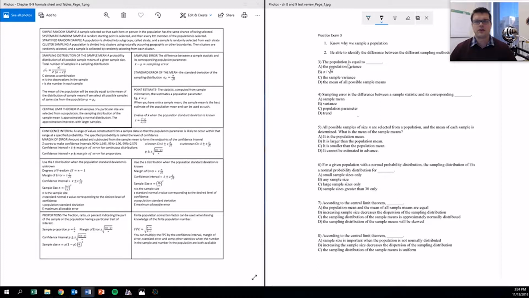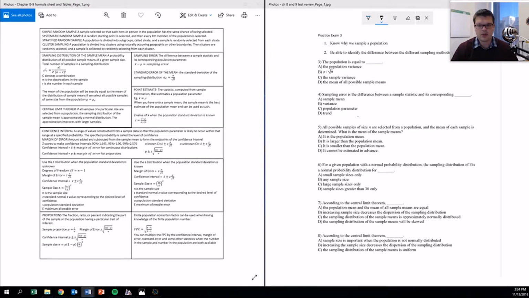Okay, so first, this right here, number 3, the population mean. Sorry, that's supposed to say the population mean is equal to the mean of all the possible sample means. And the reason why that is, is because the mean of the sample means is equal to the population mean.